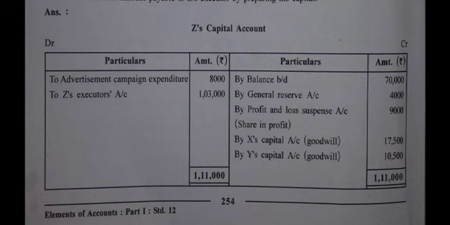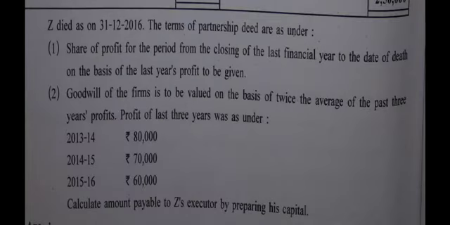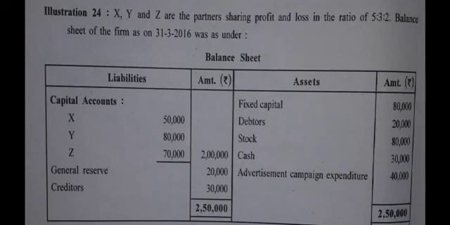And that's all. We were supposed to calculate the amount payable to the executor of Z as per the instructions given here. And we have obtained the same. Yes? Why we did not deal with the other items mentioned in the balance sheet? Because we were not supposed to prepare revaluation or a cash in bank or balance sheet. Yes, these things do appear in these respective accounts, but we are not preparing it here.